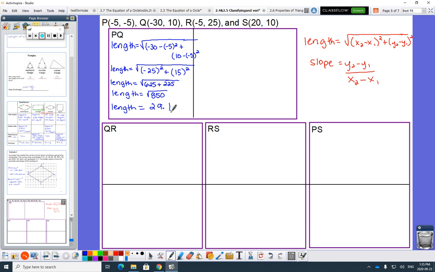You can show less work, okay? If you have a good relationship with your calculator, you can definitely show less work than that.